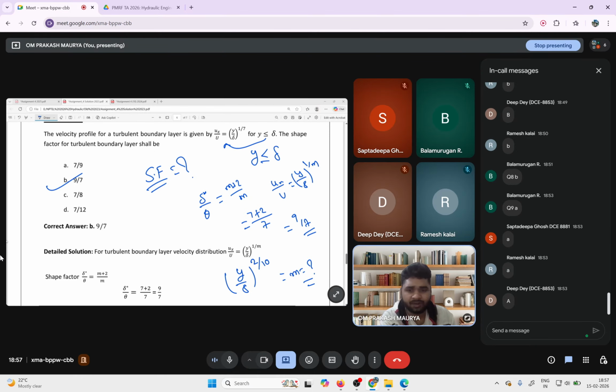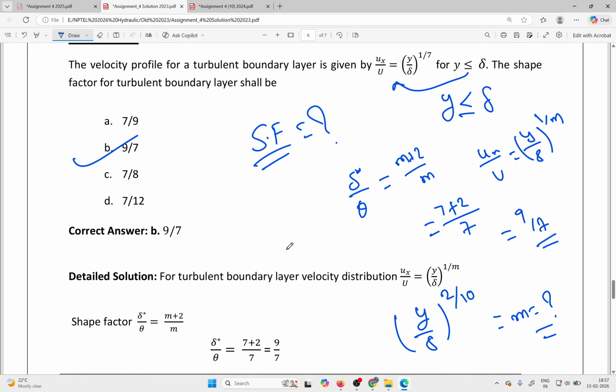If you have y by delta to the power 2 by 10, whether m is equal to 10 or other, just type your answer, whatever you are thinking. Yes, 5, definitely, because you have to maintain 1 by m. Based on 1 by m, this is the formula.